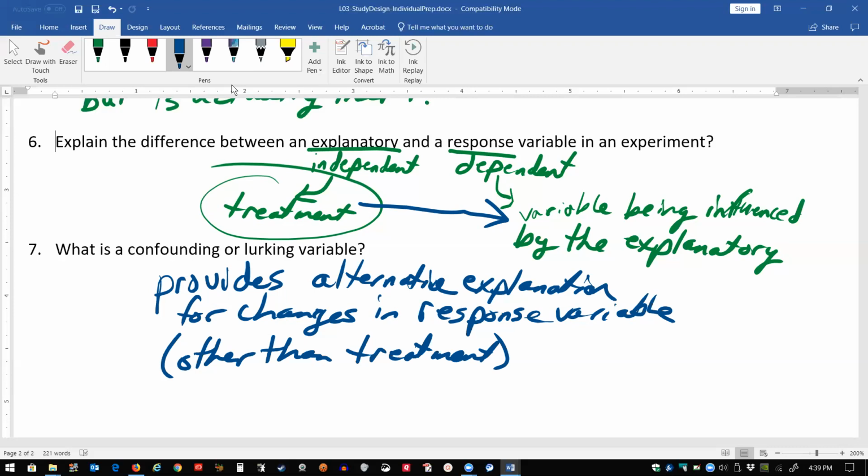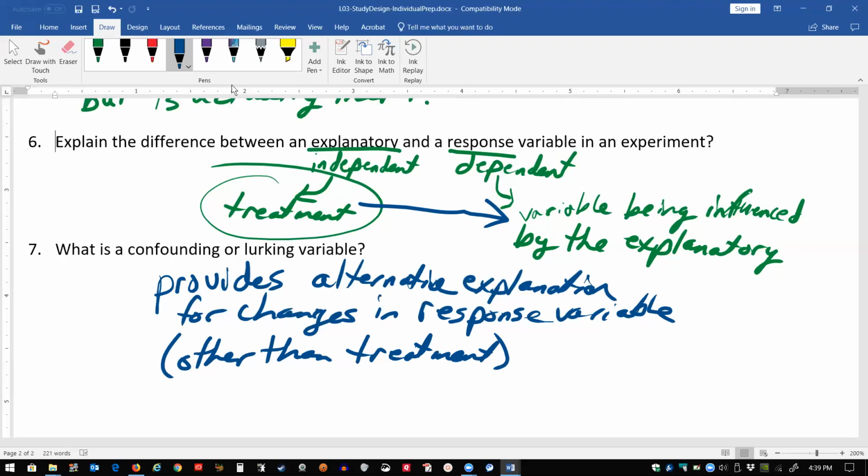Perhaps the makeup of the students. Oftentimes, because of schedules, you get more of a specific student in one class than another class. So maybe our control group actually ended up having more, I don't know, musicians in it.